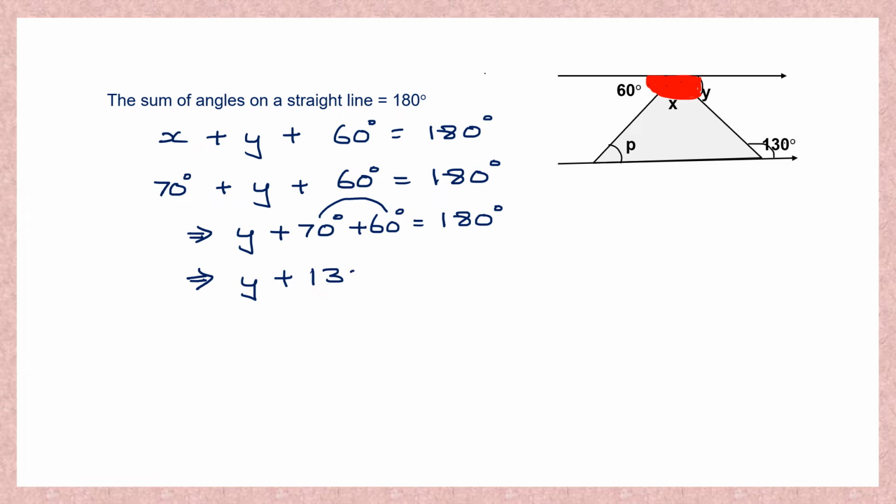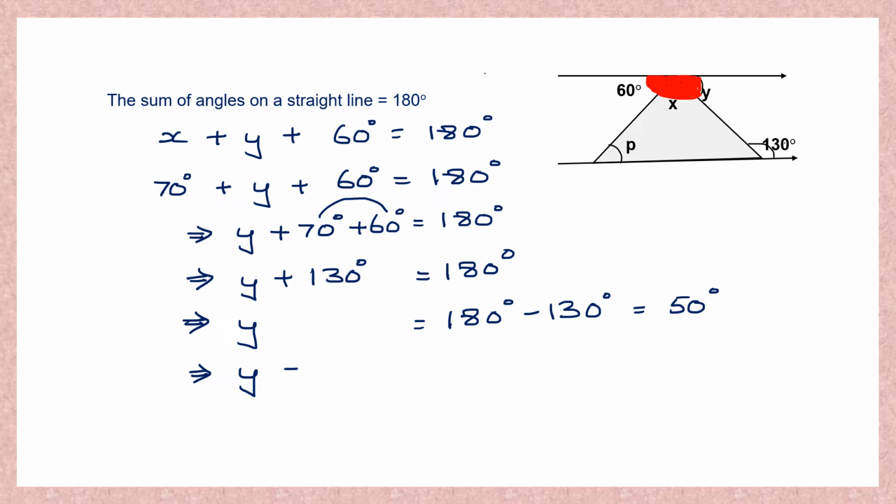It is 130 degrees. Both together is 180. Now to find the value of Y, we say 180 degrees minus 130 degrees, which is 50. 180 minus 130 is 50. So the value of Y is 50 degrees.